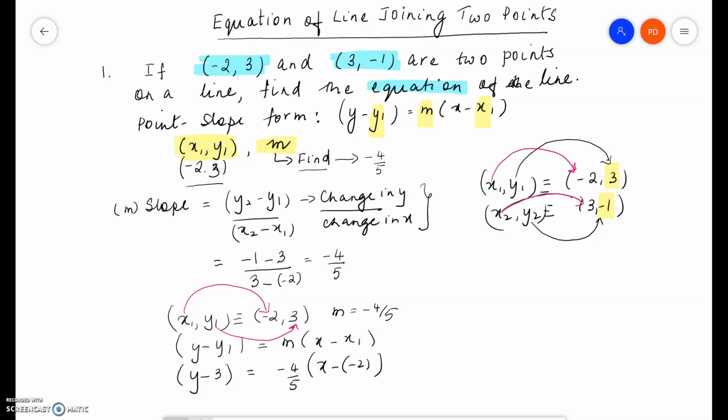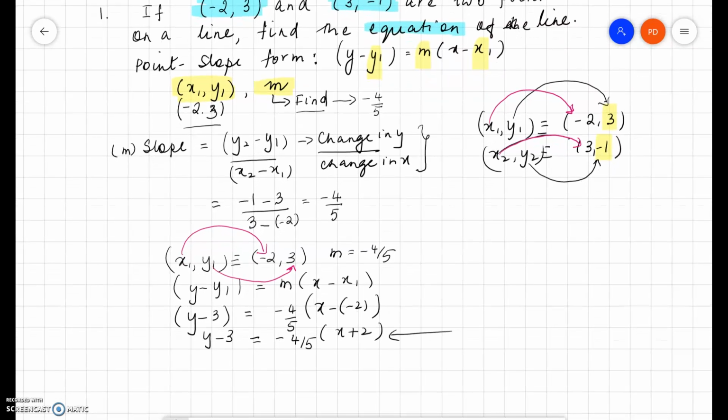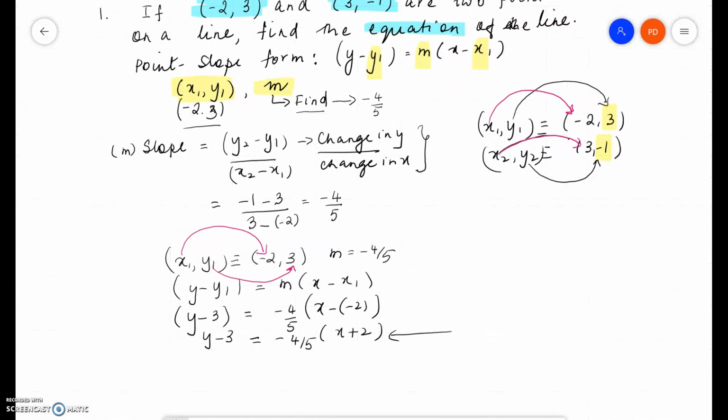So that is y minus 3 equals -4/5 times (x plus 2). We can stop here if there are no specific instructions in your question, but we can go a little further and change it to the slope intercept form.